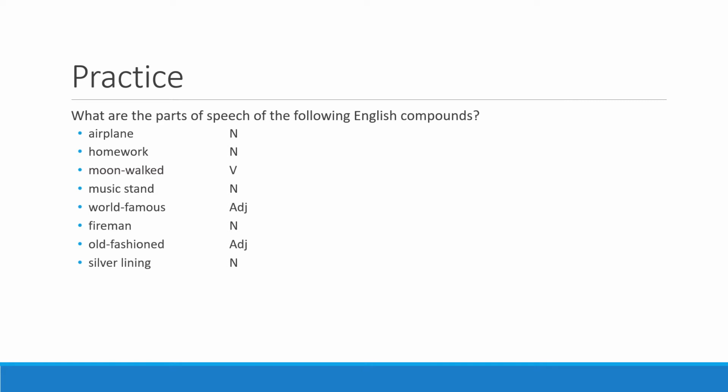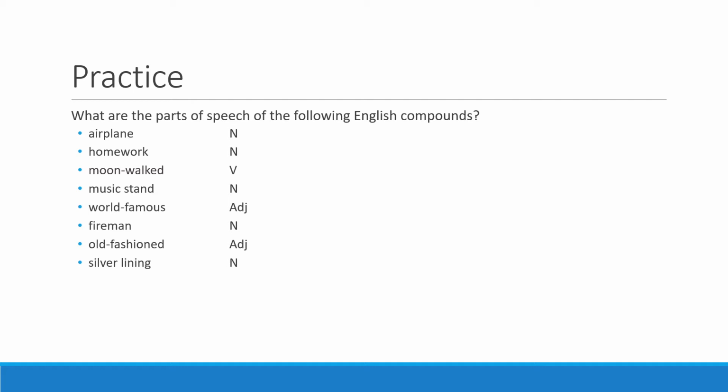So if you guessed these, you were correct. Airplane: plane is a noun, and airplane is a noun. Work in this situation is a noun, and homework is a noun. Walked is a verb, and moonwalked is also a verb. Now, stand is a noun, and music stand is also a noun.